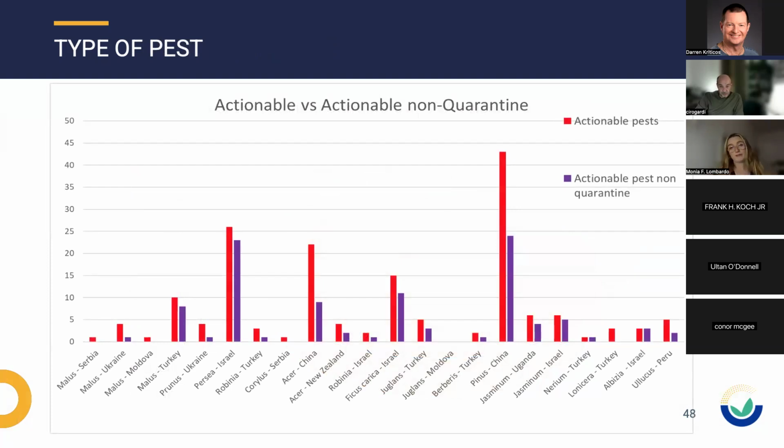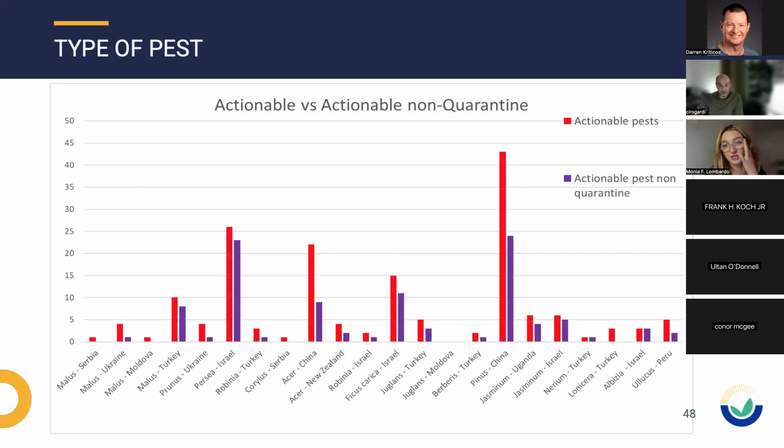I just show some very quick insights about the distribution of the screened pests, because although a large number of pests, just recalling the concept from before, are initially associated with each host commodity, only a subset meets the key selection criteria, the dark blue one.